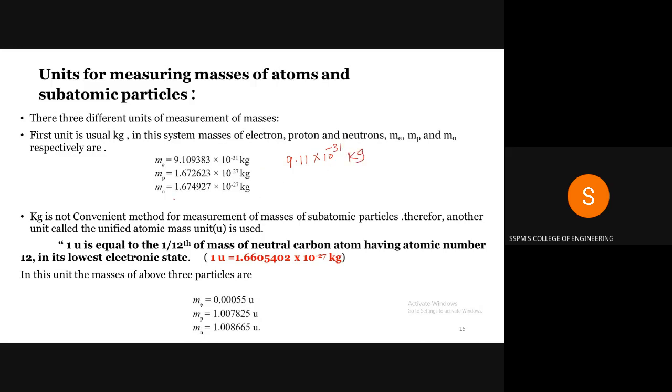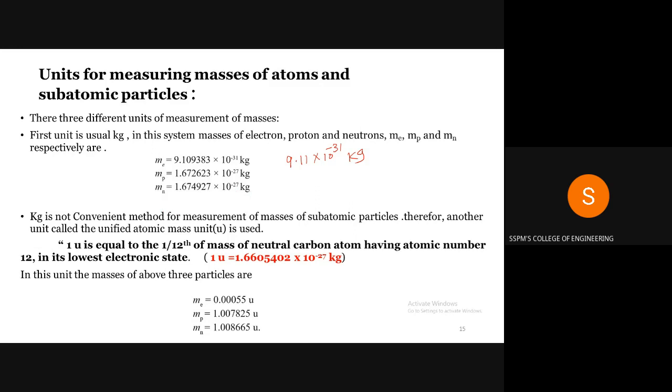Mass of proton is 1.6726, that we are taking as 1.67 into 10 raised to minus 27 kg. Mass of neutron is 1.675 into 10 raised to minus 27 kg.